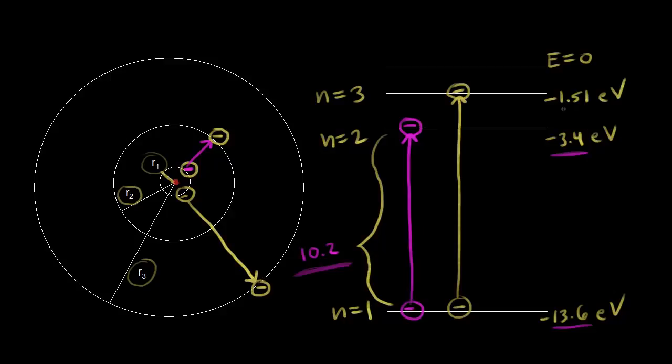So just thinking about the magnitudes, this was negative 1.51. This was negative 13.6. If we just take 13.6 minus 1.51, we would get how much energy we need to put in order to cause that transition. And so this would be 12.09 electron volts.